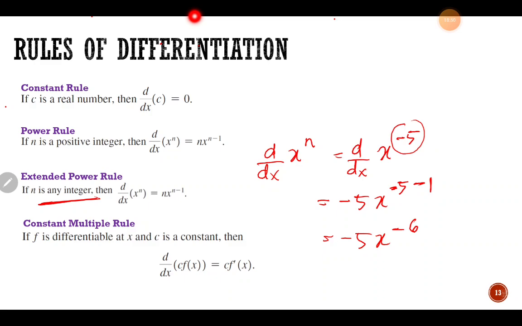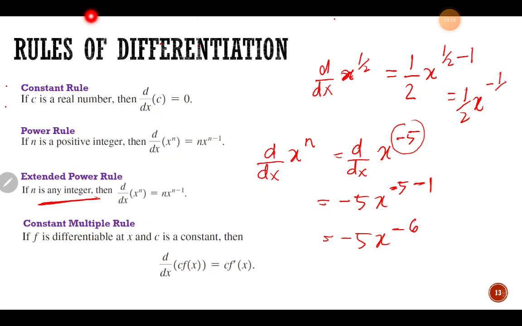Okay, boleh faham. Katakanlah kita kata d/dx of x power of half. Half ni pun integer juga, 1/2. So dia punya answer will be 1/2 ni turun bawah, x power of 1/2 tolak 1. So we gonna have half x power of negative half.